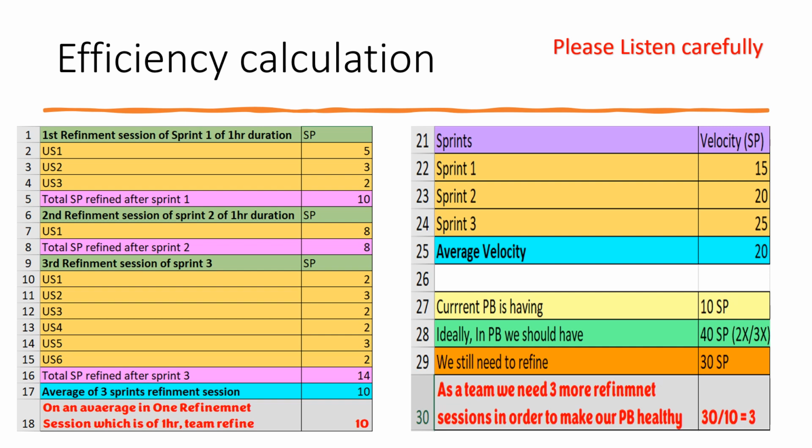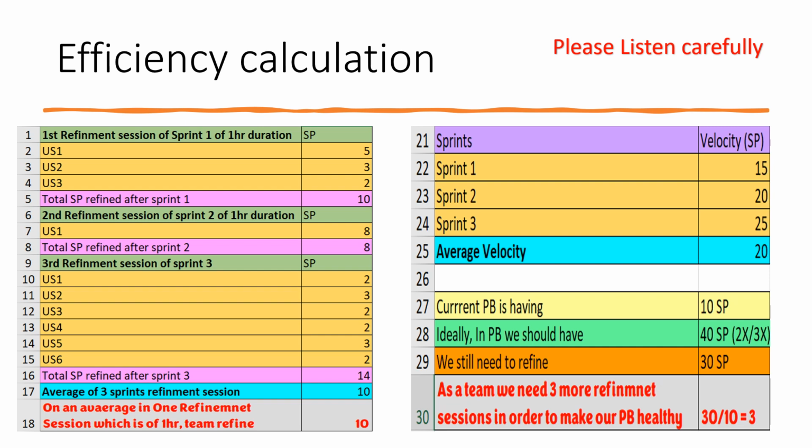Assume we are in sprint 1 and we are doing a 1 hour refinement session. Out of that session we could refine 3 user stories, with story points of 5, 3, and 2. So after that 1 hour session, we refined 10 story points. Total story points refined after sprint 1 is 10.